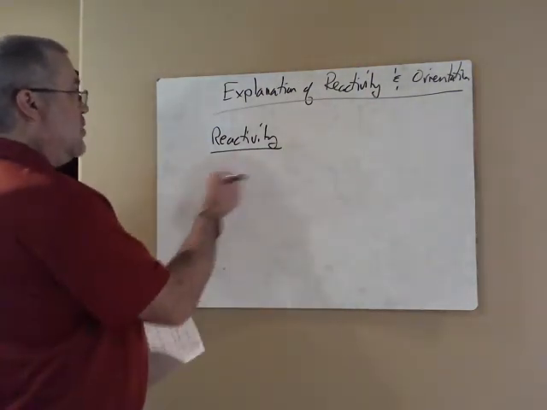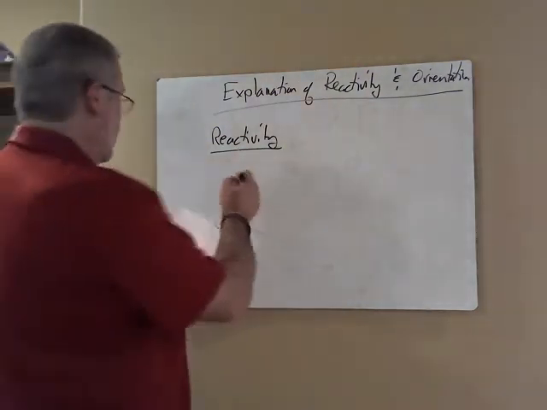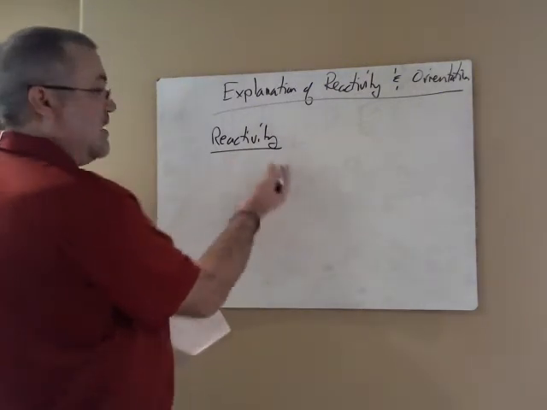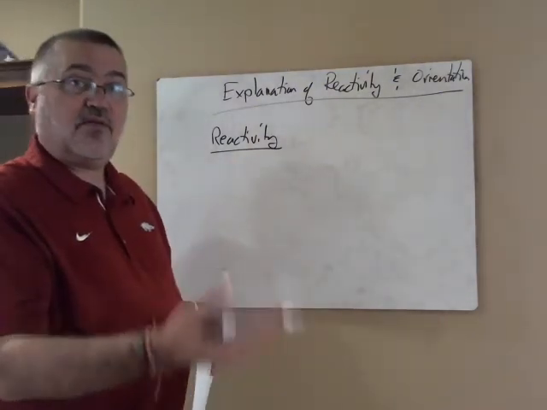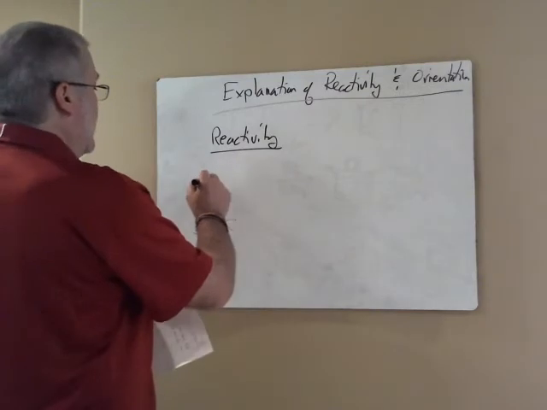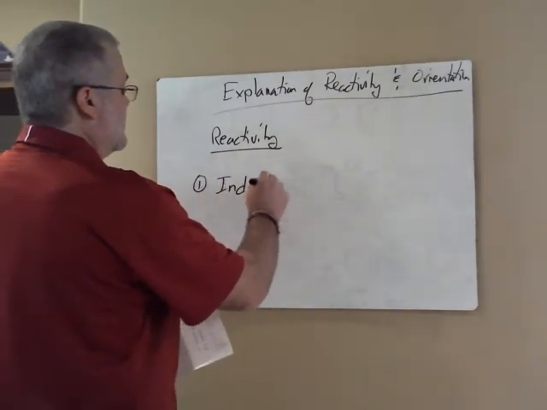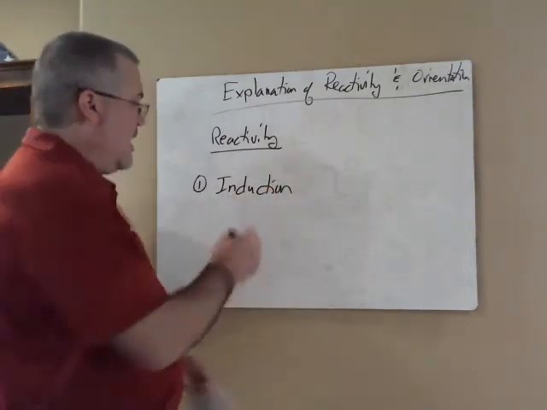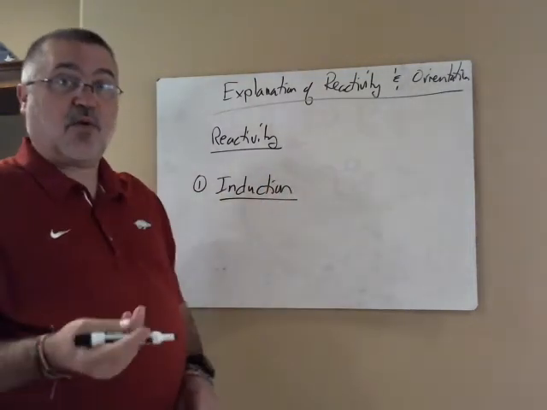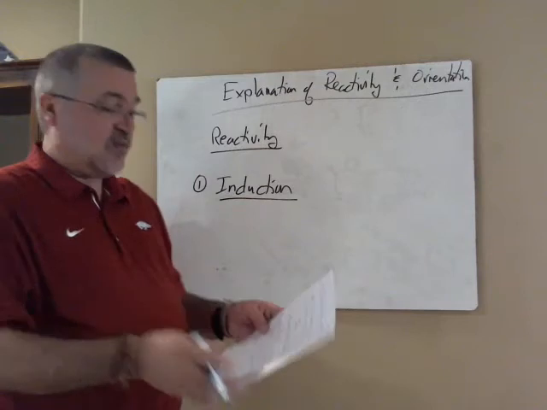What are the two ways that you can affect the reactivity of donating electron density either into the ring or out of the ring? And the first of those is induction. Okay, and do you remember induction from Organic 1? Induction was what?